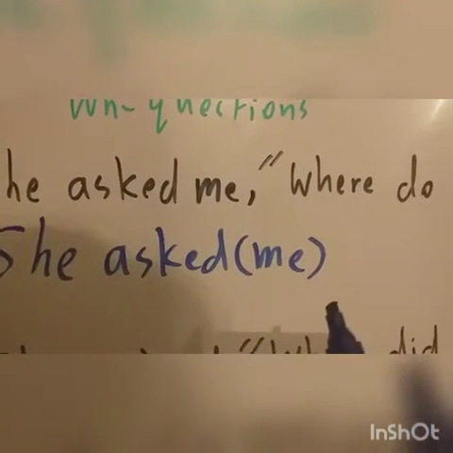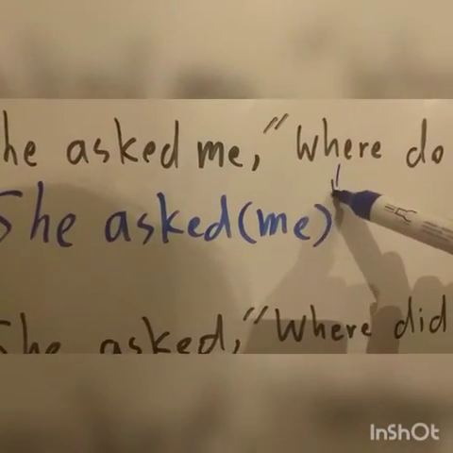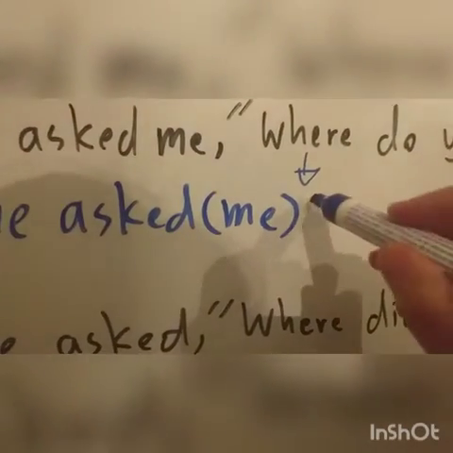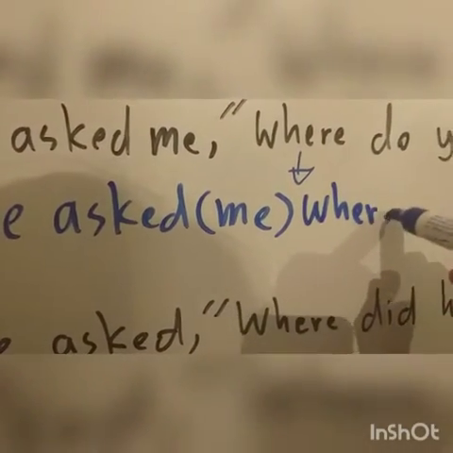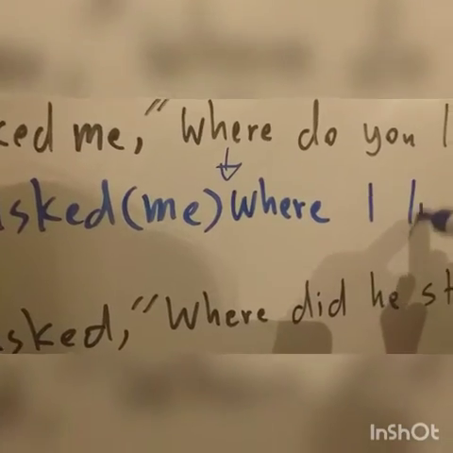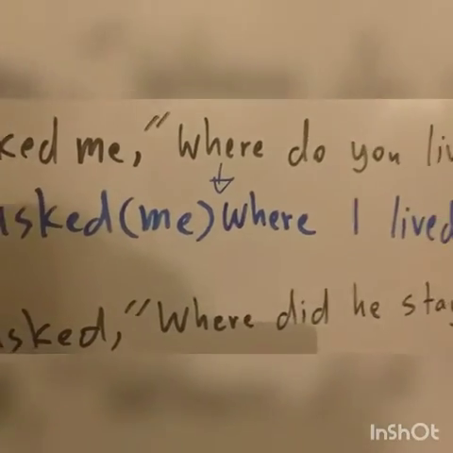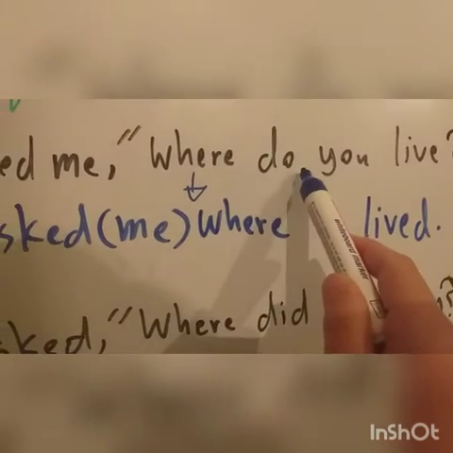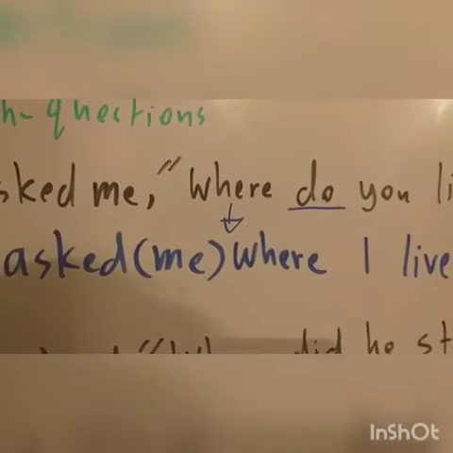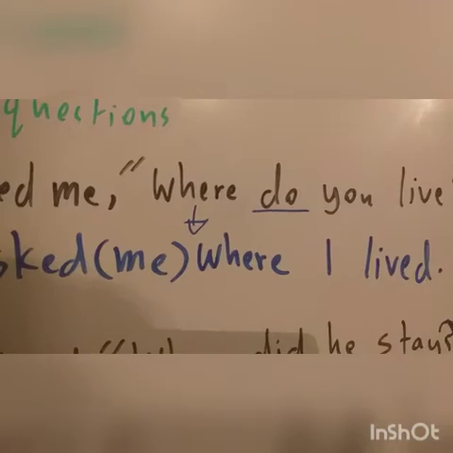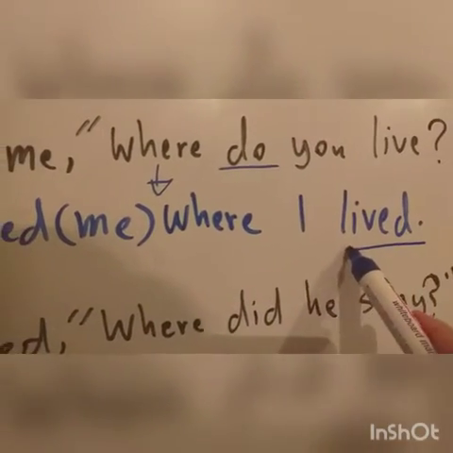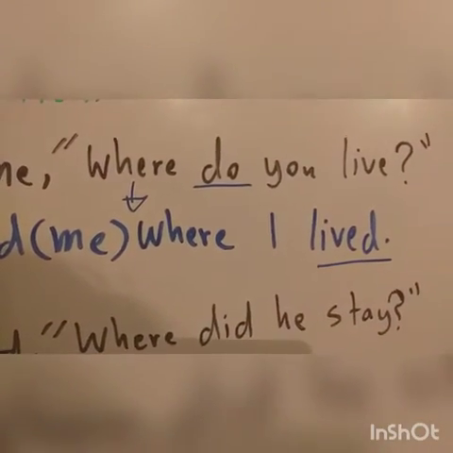So she asked me, and when we report WH questions, we start the sentence with the WH question. She asked me where I lived. So we have changed the verb tense from the present simple to the past simple.